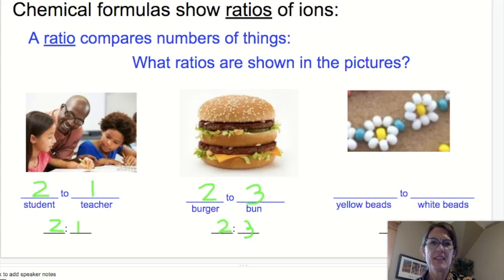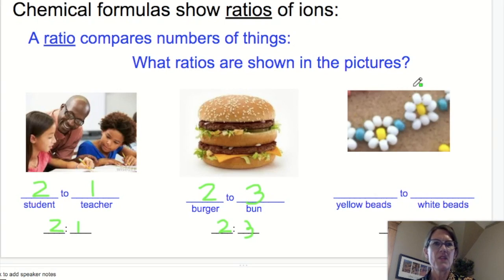And you might have seen this kind of notation in math class before. For art, there's some connections with ratios, like with beading. If you were trying to figure out how many beads do I need to buy or count out for my pattern here, the yellow beads to the white beads looks like 1 yellow bead to 1, 2, 3, 4, 5, 6, 7, 8 white beads.